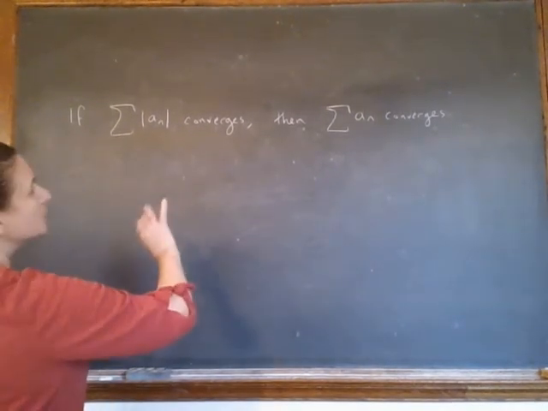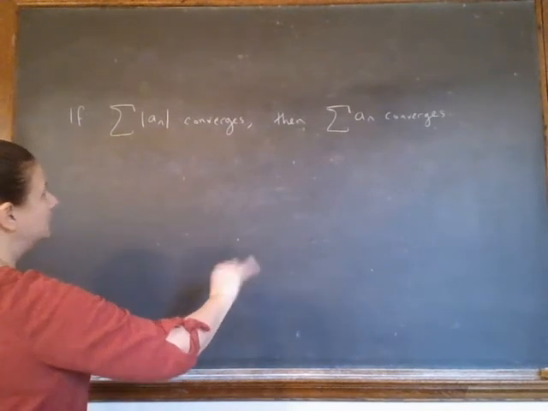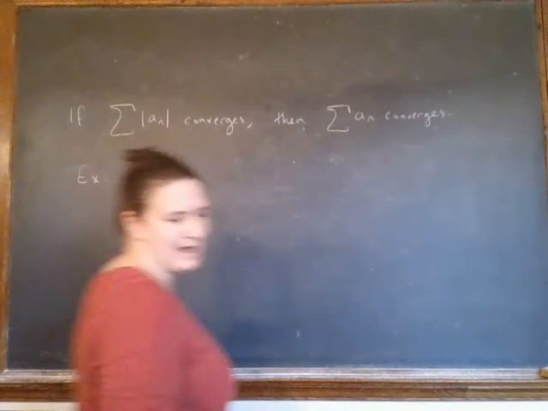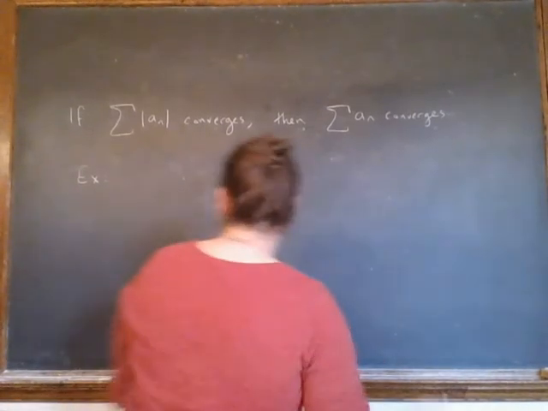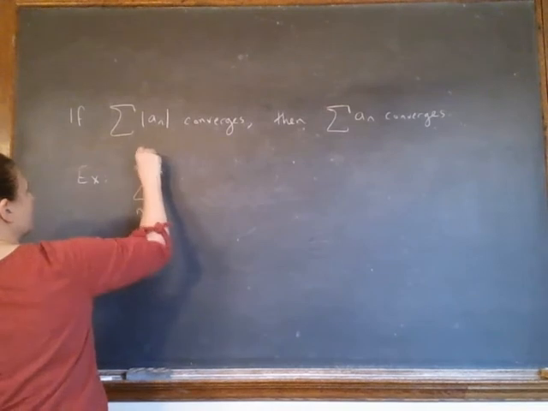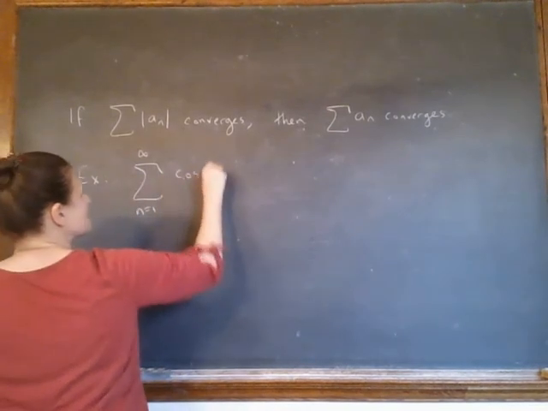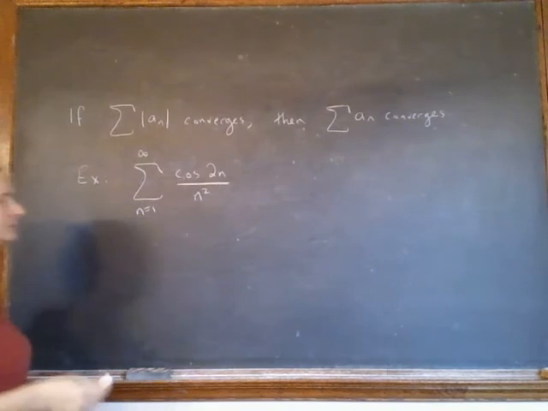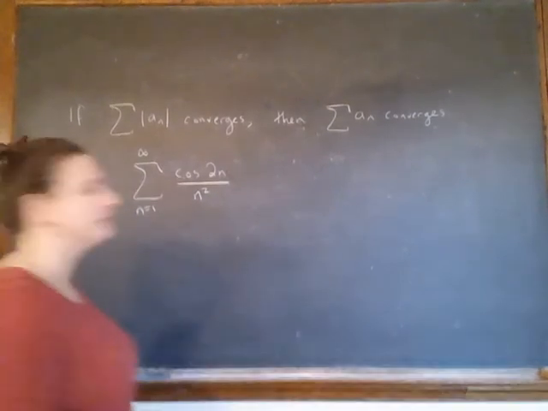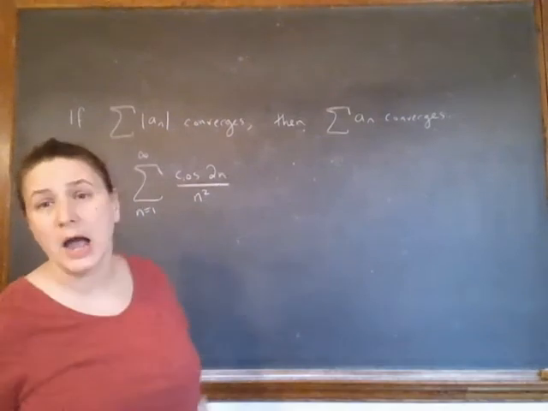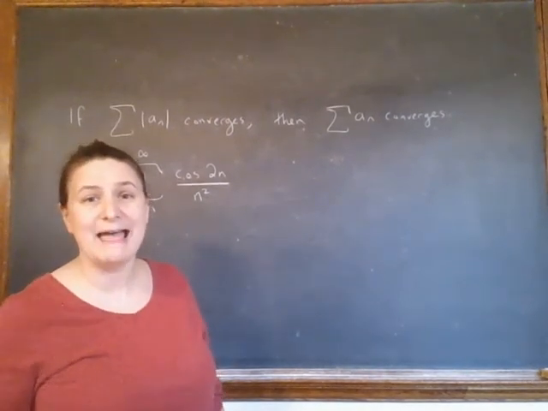And you can prove it with direct comparison. Fine. So let me give you an example of where we'd actually use this. Maybe we have something that looks like this. So this is kind of weird, right? Because it's not pi or 2 pi or something, it's n.